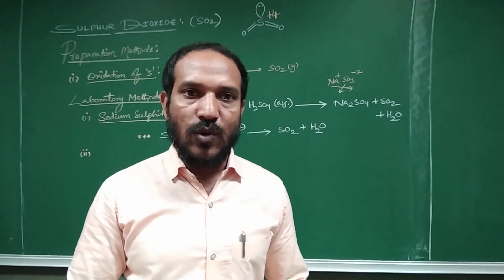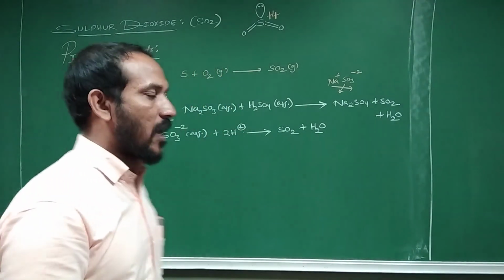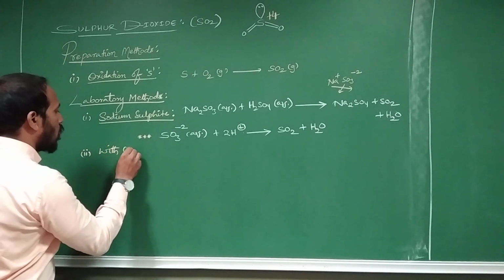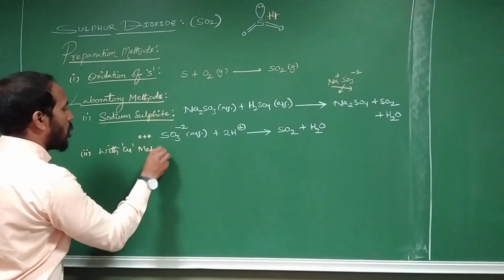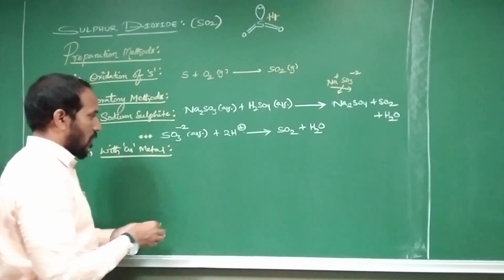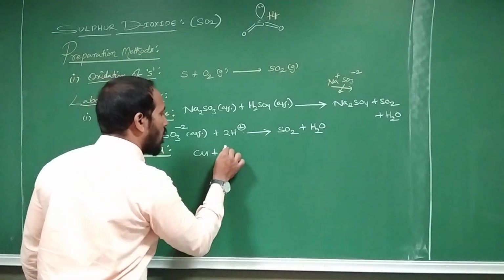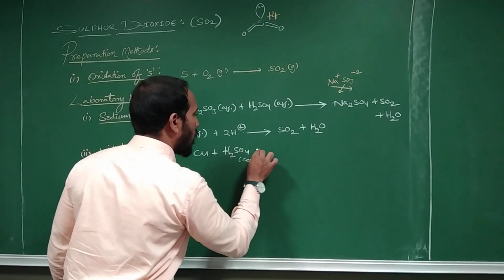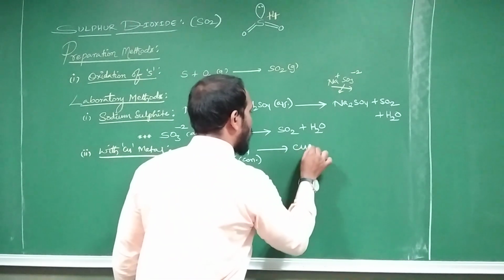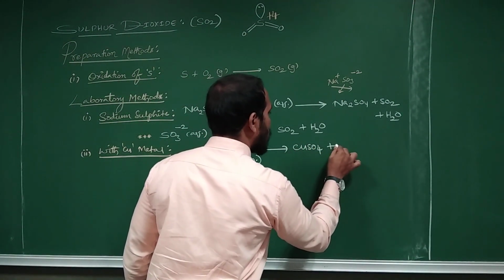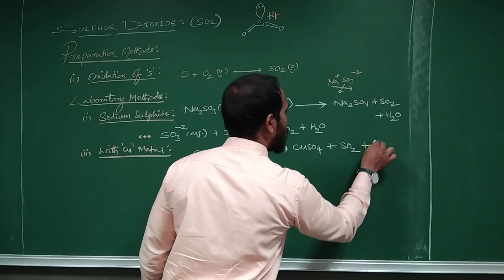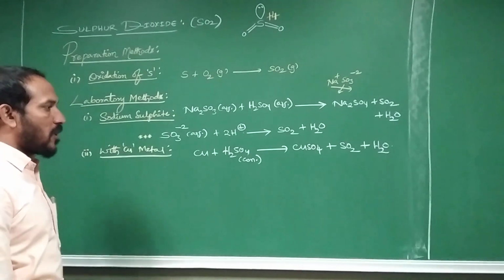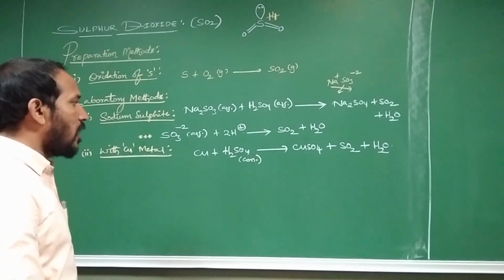When copper metal is treated with concentrated sulfuric acid, it will form copper sulfate, CuSO4, plus sulfur dioxide plus water molecule. So this was the second method for the preparation of sulfur dioxide.